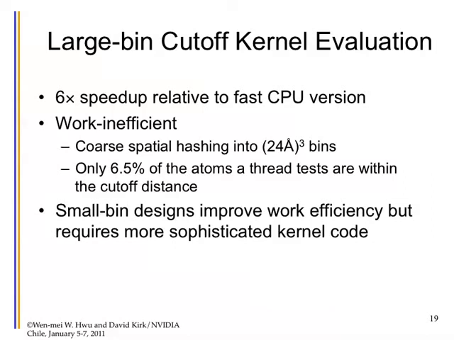That is, for every thread, when the thread looks at 100 atoms, only 6.5 of those atoms are actually used on average to affect the output grid point of that thread. So this is definitely something that you can further improve.